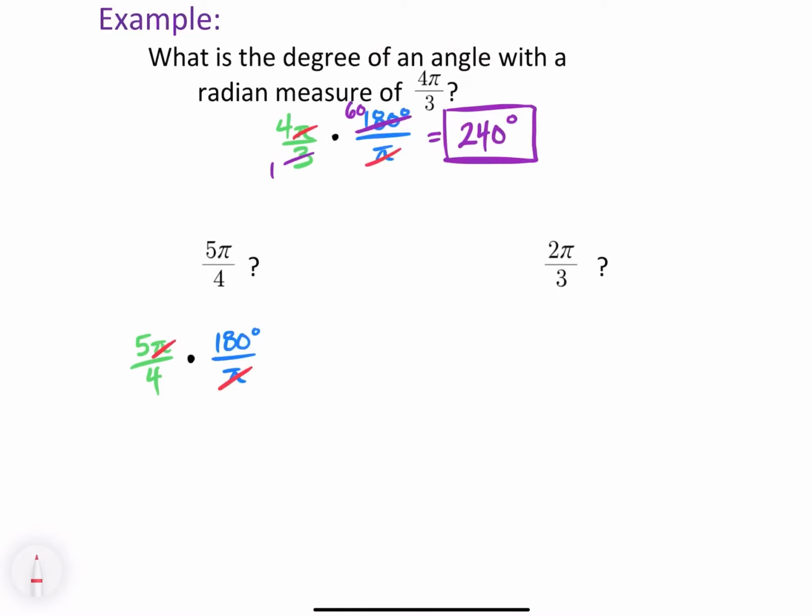And then we're going to just see what else we can simplify. Now we could simplify the 4 and the 180. We could divide these by 4, and if we divide these by 4, the 4 will turn into a 1, and 180 divided by 4 is 45. So now all we got to do is multiply 5 times 45, and that's going to give us 225 degrees.